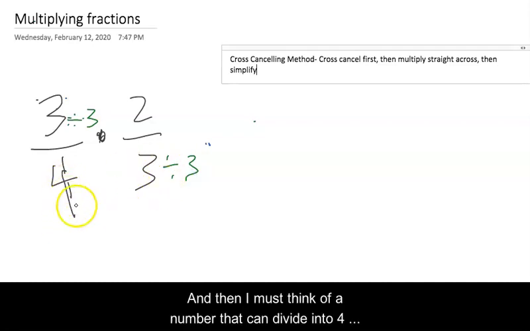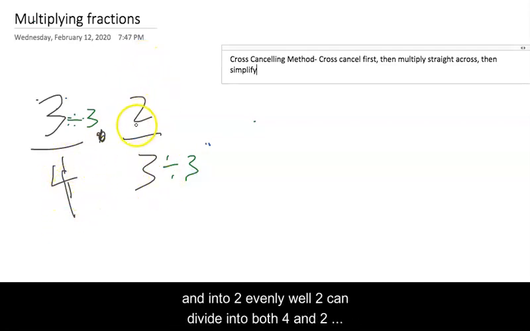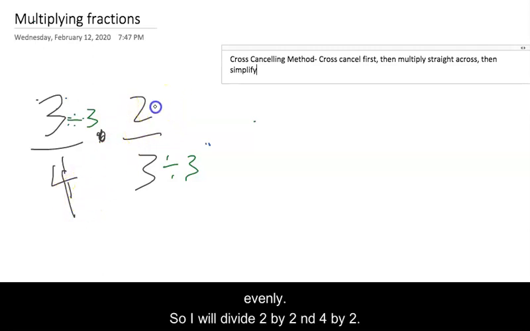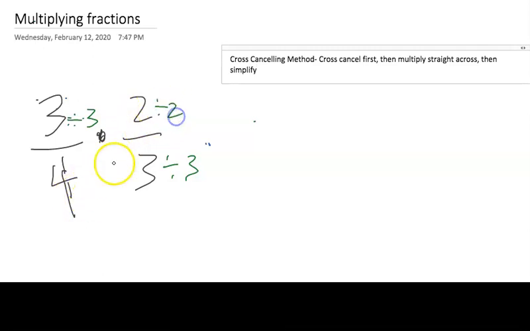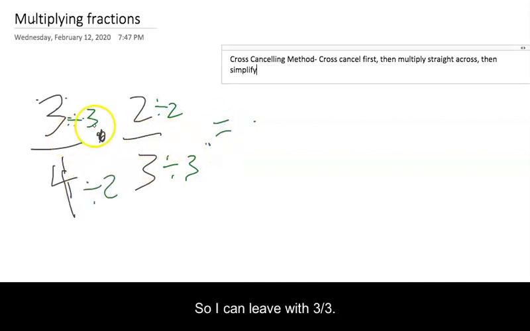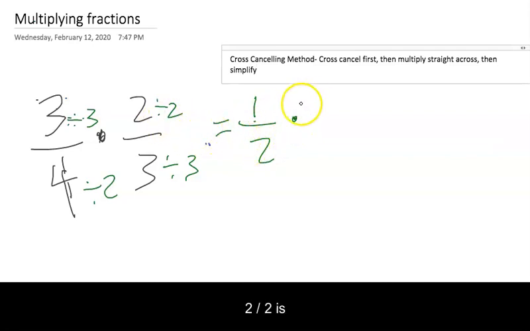And then I'm going to think of a number that can divide into 4 and into 2 evenly. Well, 2 can divide into both 4 and 2 evenly, so I'm going to divide this by 2, and I'm going to divide this by 2. So that's going to leave me with 3 divided by 3 is 1. 4 divided by 2 is 2, times 2 divided by 2 is 1, and 3 divided by 3 is 1.